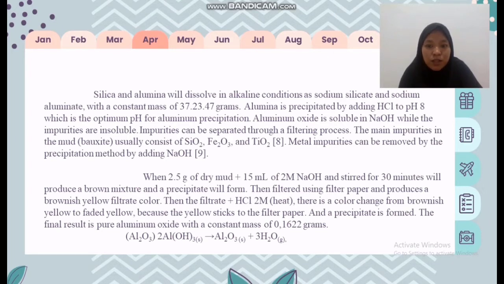Then the filtrate plus 2 molar HCl. There is a color change from brownish yellow to faded yellow because the yellow sticks to the filter paper and a precipitate is formed. The final result is pure aluminium oxide with a constant mass of 0.1622.